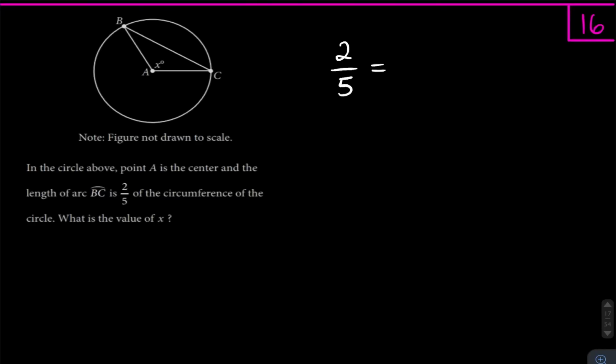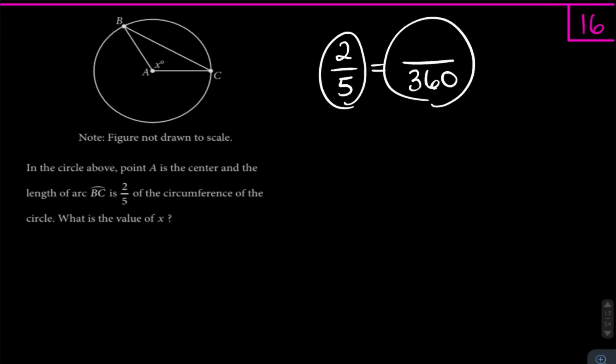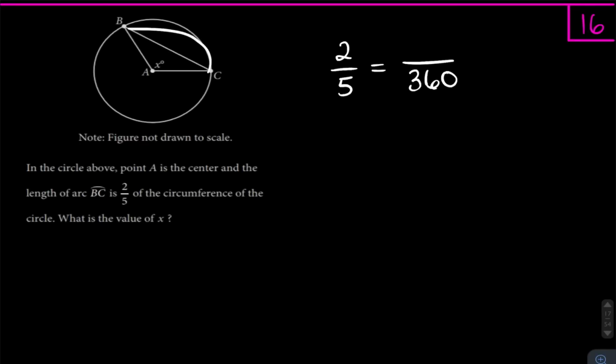This is going to be equal to something out of the total degrees in a circle, because the ratios are the same. That's just something you got to know about circles: the arc length is proportional to the angle measure.